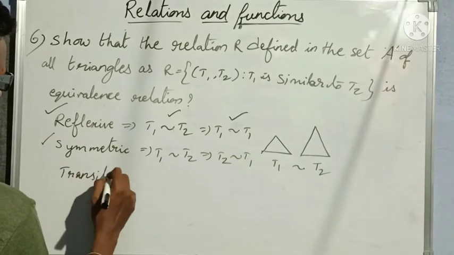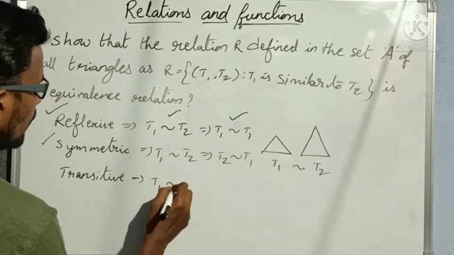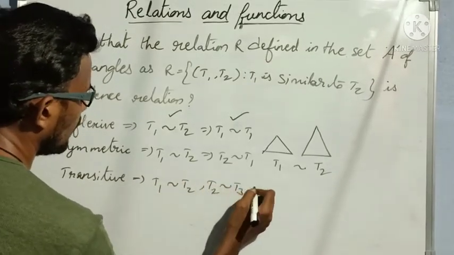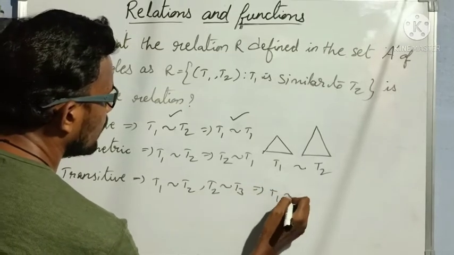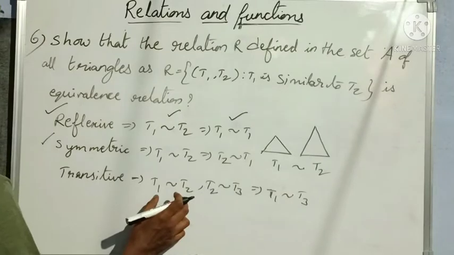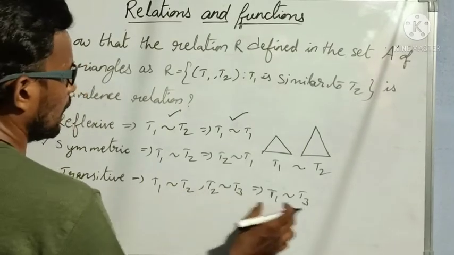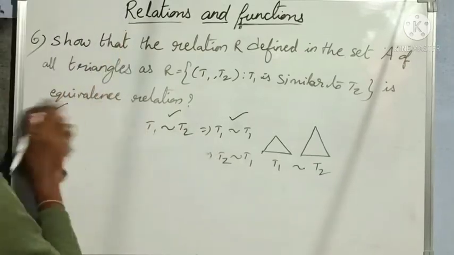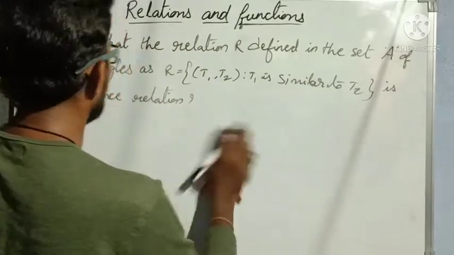Transitive means T1 similar to T2, comma, T2 similar to T3. This implies T1 is similar to T3. Correct only, no? When T1 is similar to T2 and T2 is similar to T3, then T1 is similar to T3. Okay? So I will write something big once again.